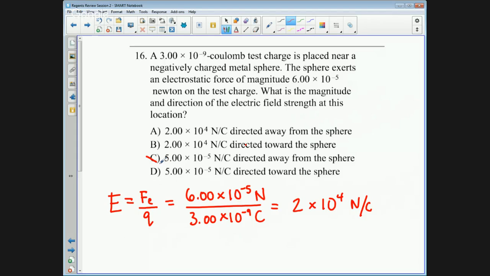So now it's to figure out, is it away from the sphere or towards the sphere? Well, test charges are always positive. Okay, test charges, that's the trick to the question. Test charges are always positive.